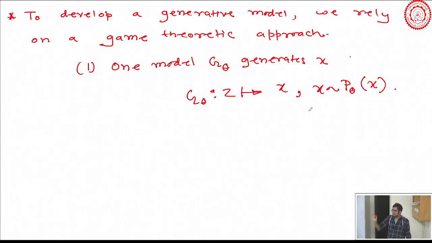It's just a model. We don't need it to be invertible now. So one model, G theta, maps from Z to X and it follows P theta, right?